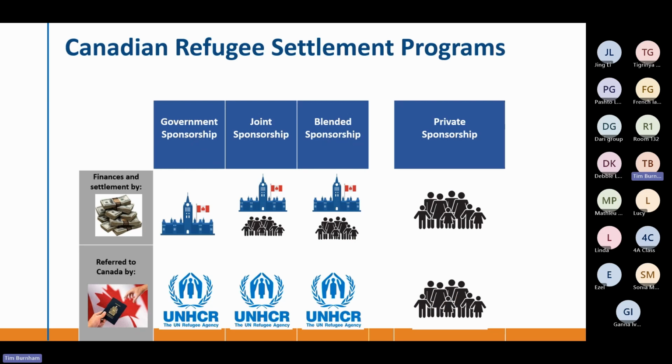So these are the different ways that refugees are sponsored to come to Canada. You can see the first three ways, which are government sponsorship, joint sponsorship, and blended sponsorship.